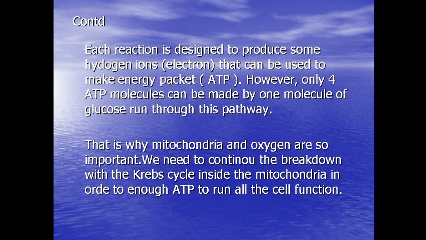We will subject this pyruvate to the Krebs cycle inside the mitochondria in order to produce enough ATP molecules to run all the cell functions. In glycolysis, one molecule gives only 4 ATP molecules, but it is not sufficient for us. Still the pyruvate contains the energy. So that's why the pyruvate is made to enter into the Krebs cycle.